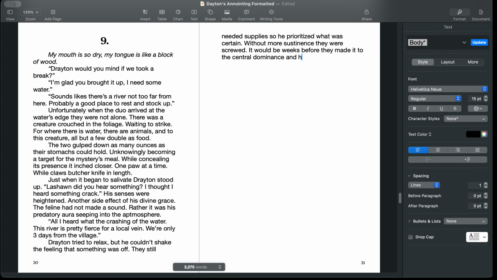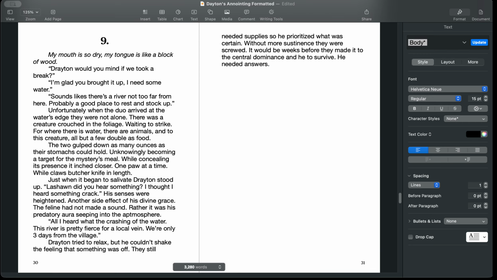It would be weeks before they made it to the central dominance that he needed to survive. He needed answers. And he needed to survive.